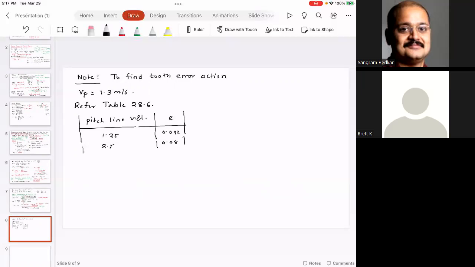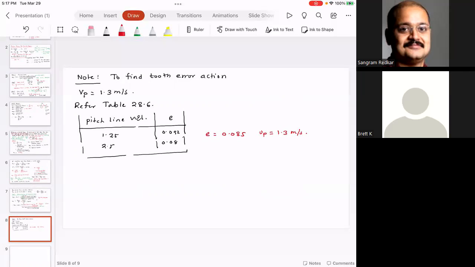So since our pitch line velocity is in between, I'm going to assume the error action at 0.085, as our pitch line velocity Vp is 1.3 meters per second.